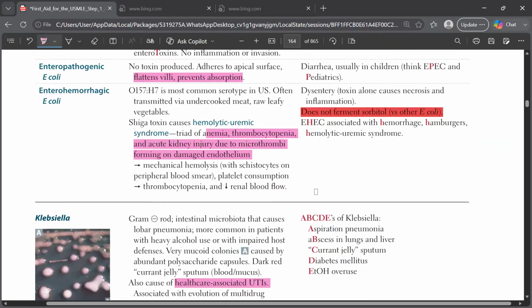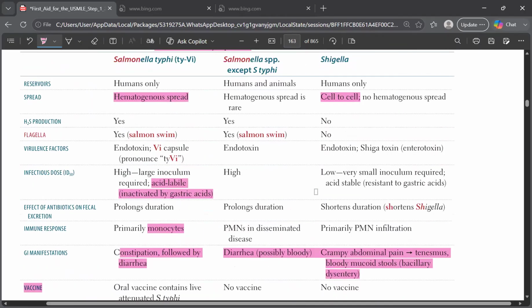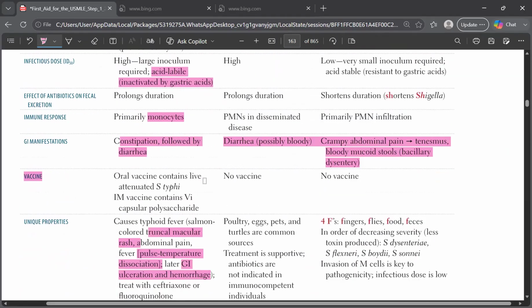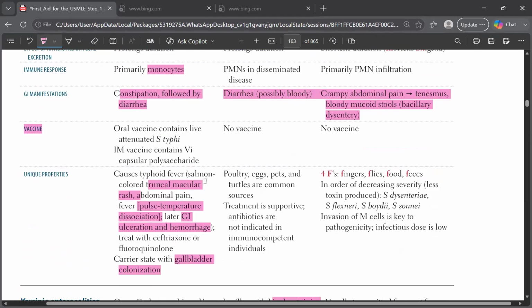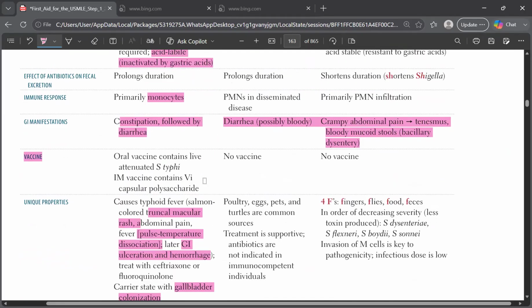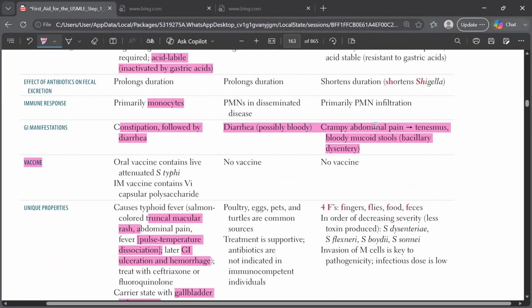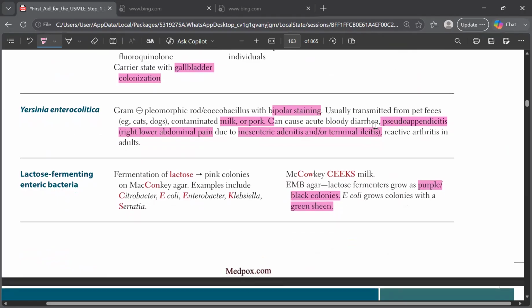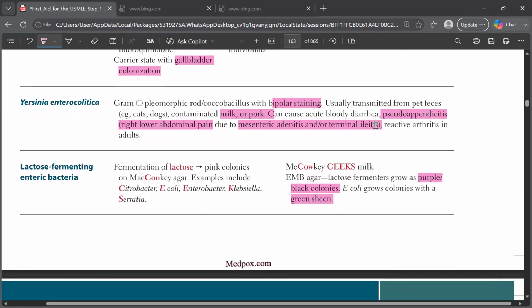Among all of the bacteria that we've discussed, these were non-lactose fermenters and they were causing diarrhea, and the Shiga toxin was causing dysentery, which is bloody mucoid stools, and Yersinia was causing pseudoappendicitis.